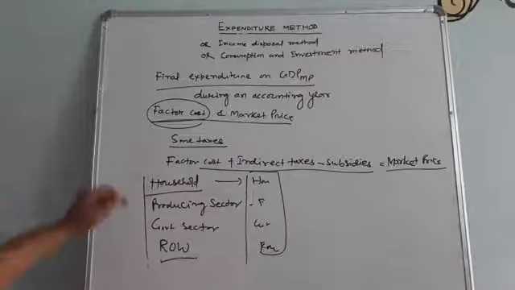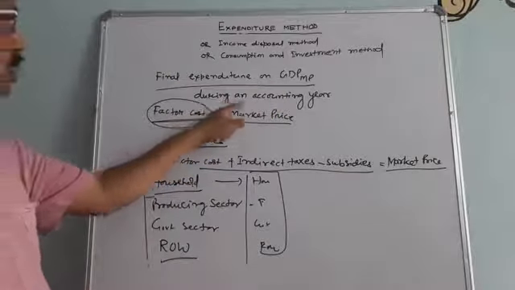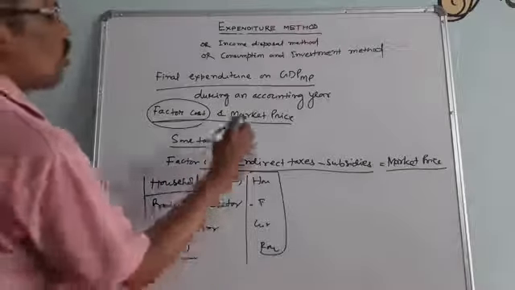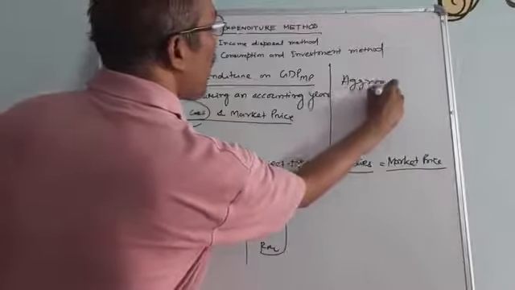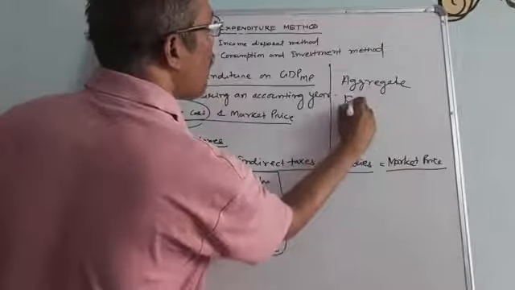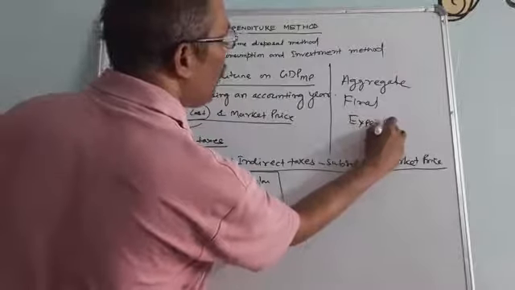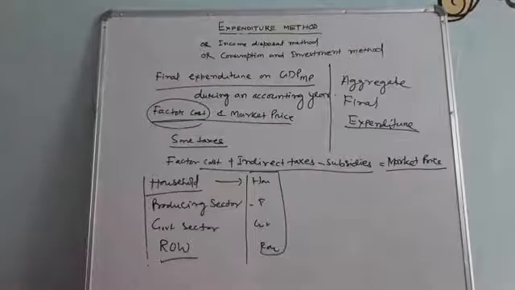So what is the expenditure method? It is the final expenditure on GDP at market price during an accounting year. It is the aggregate final expenditure.